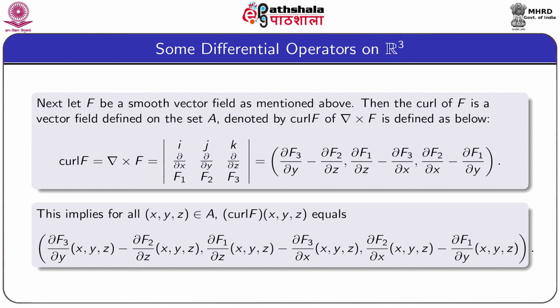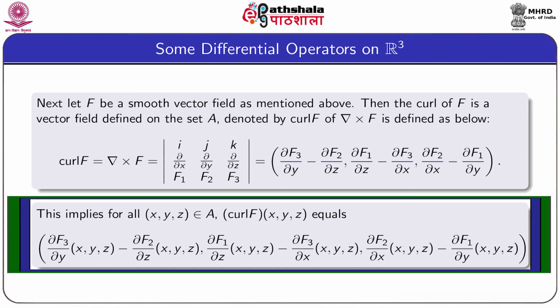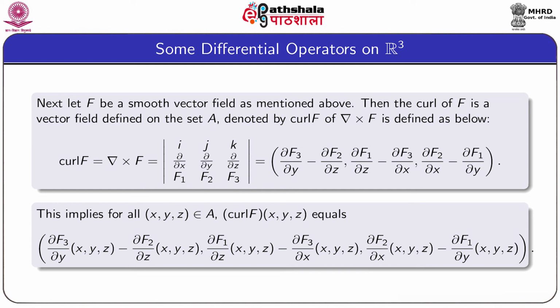So, it equals the ordered triplet (del f3/del y minus del f2/del z, del f1/del z minus del f3/del x, del f2/del x minus del f1/del y). This implies for all (x, y, z) in A, curl f (x, y, z) equals del f3/del y (x, y, z) minus del f2/del z (x, y, z) and two similar components.